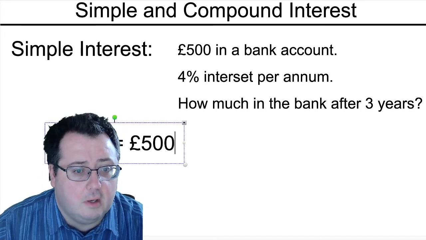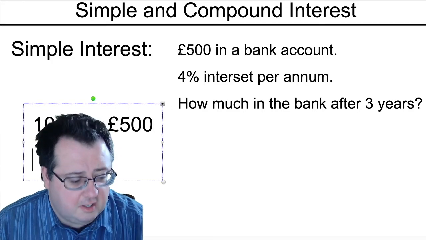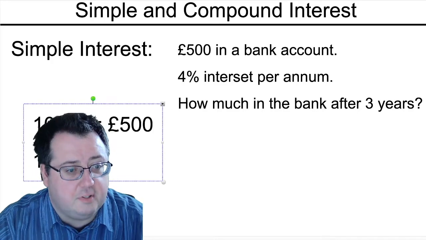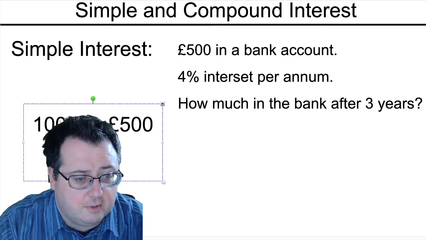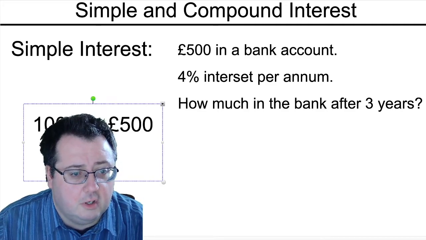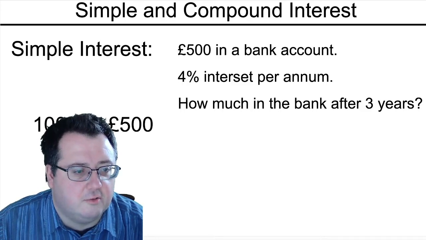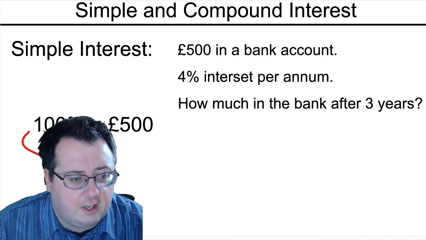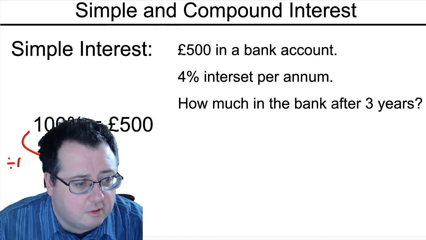Okay, so if I want to find out what 4% is, it's going to be helpful to know what 1% is going to be. So how do I get from 100% to 1%? It's quite simple. You need to change the colour to red here. Divide by 100.